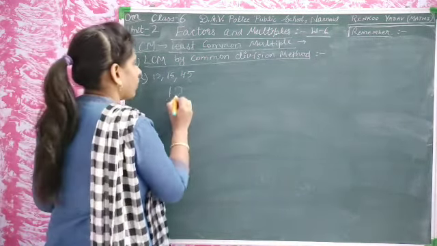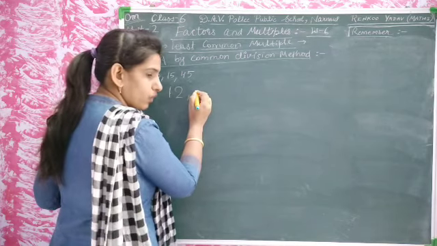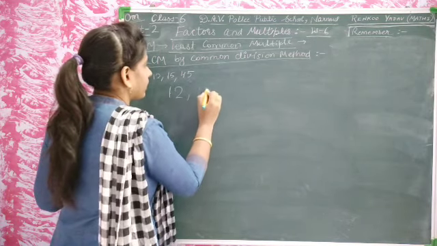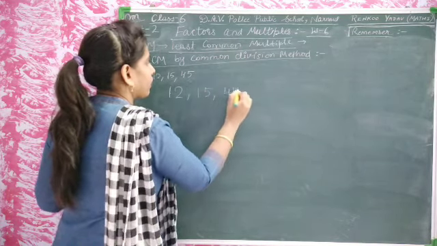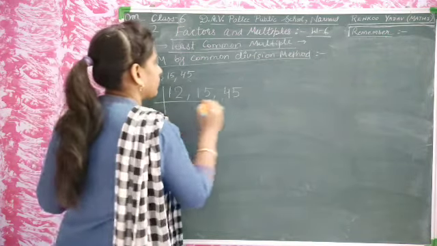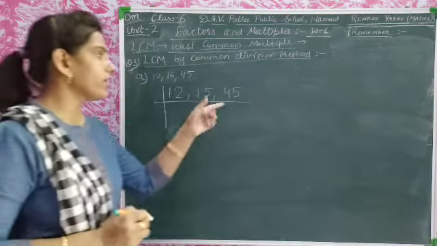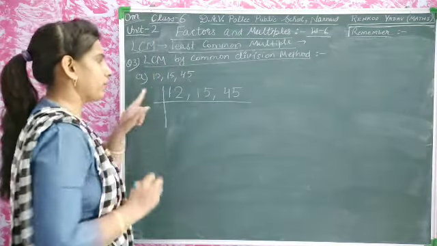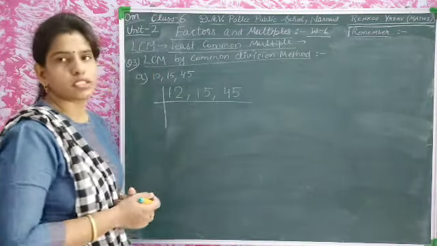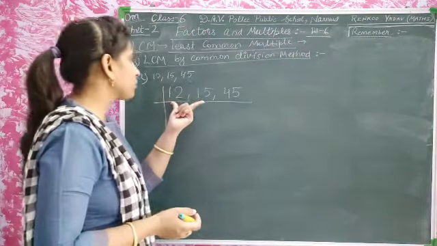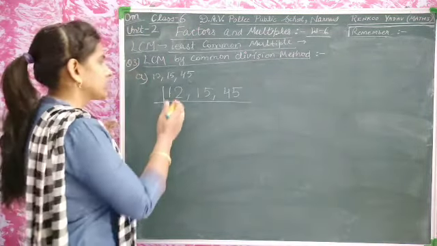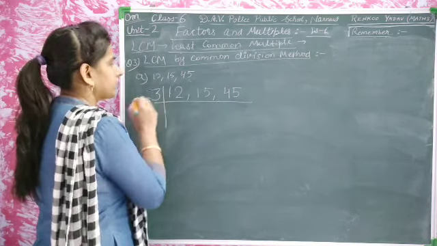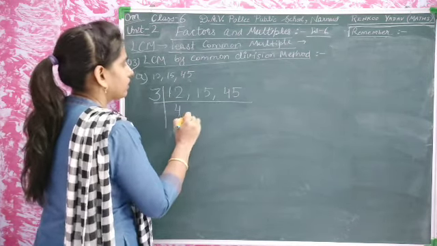Now we will solve it as 12, 15 and 45. There are three numbers and we have to divide these 3 numbers by a common prime number. Is there a common prime number which divides at least 2 numbers? Yes, 3. That is 3 times 4 is 12.